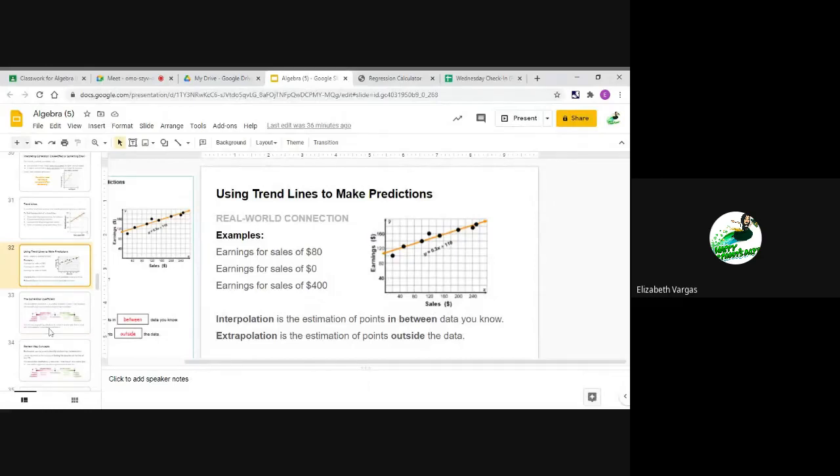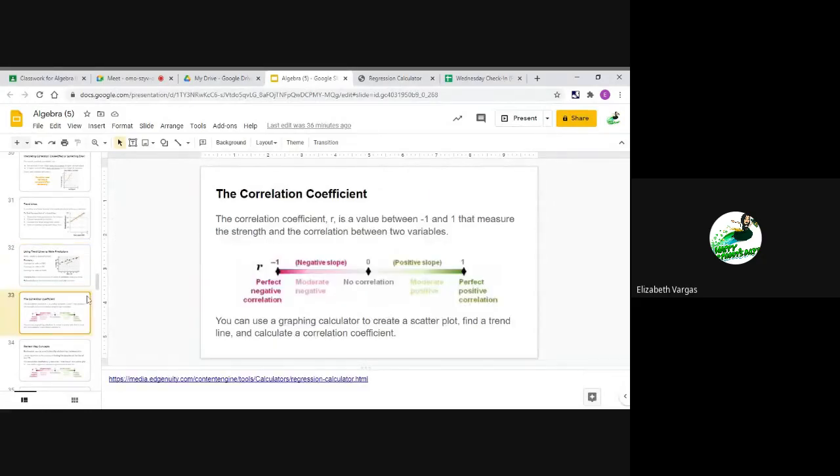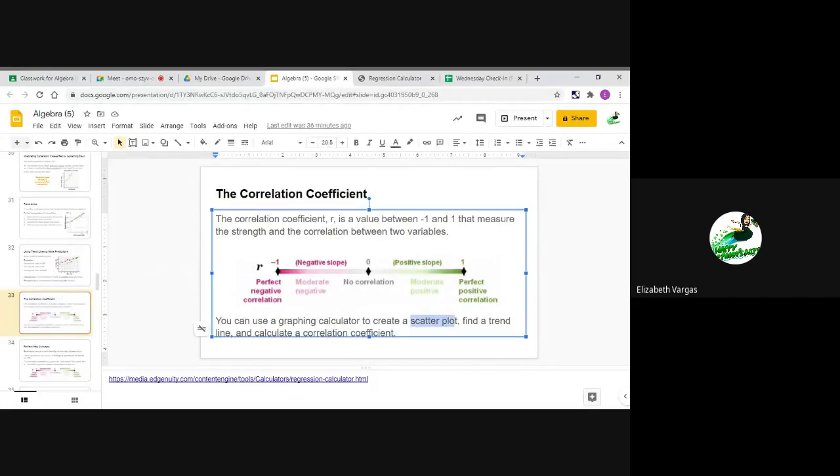Okay? Any questions about this? Questions? So you can use this calculator to go ahead and help you create a scatter plot. It can help you find the trend line and the trend line equation if you have all the data sets, meaning the different coordinates, and it can help you calculate the correlation coefficient.